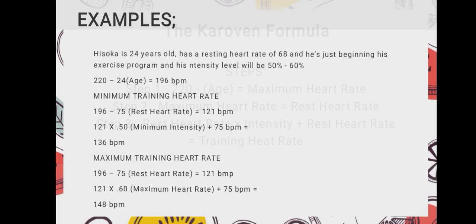For example, Hisoka is 24 years old, has a resting heart rate of 68, and he's just beginning his exercise program, and his intensity level will be 50% to 60%, since baguhan pa naman. 220 minus the age of Hisoka, which is 24, is equal to 196.